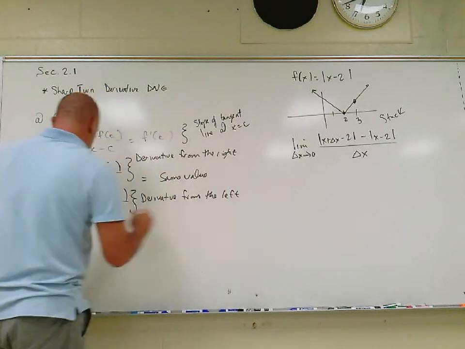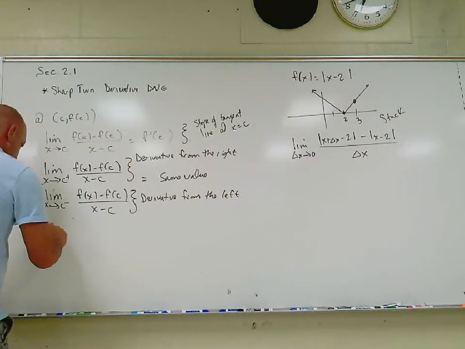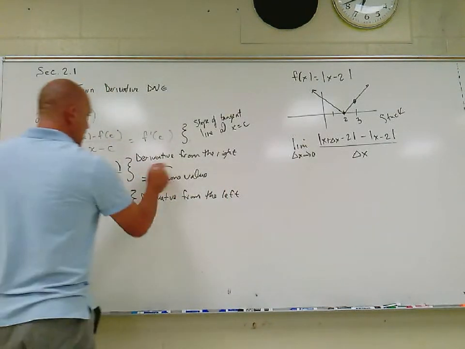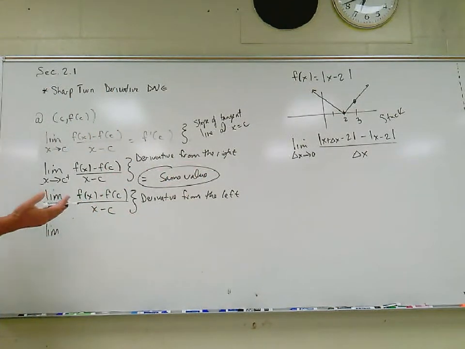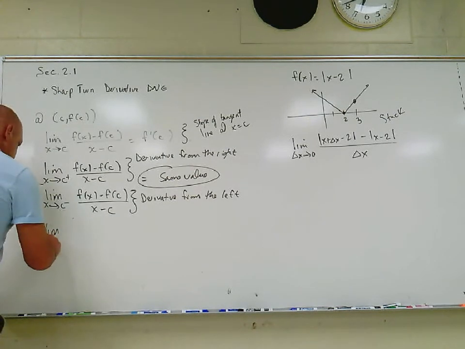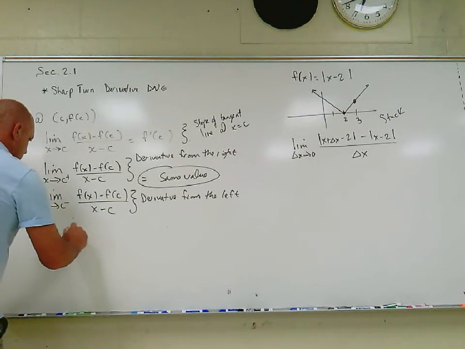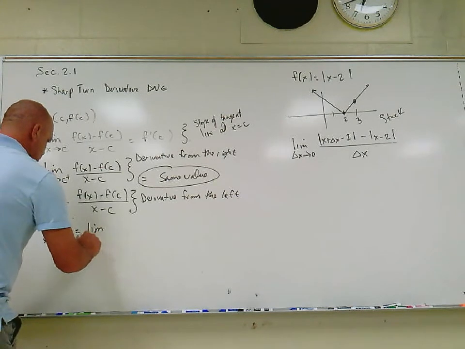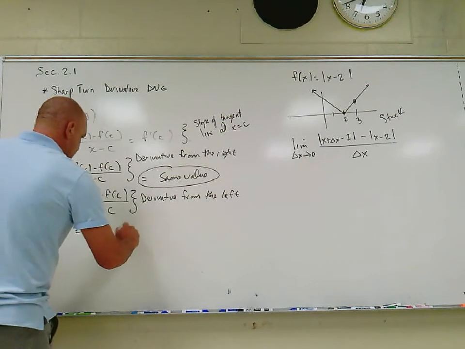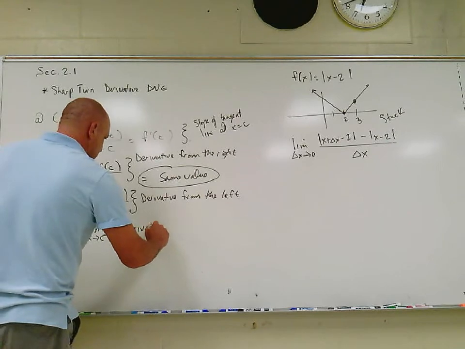If those two give the same value, then it exists. It's just normal limits that we're going to be working with. So if the limit as x approaches c from the right is equal to the limit as x approaches c from the left, then the derivative exists.